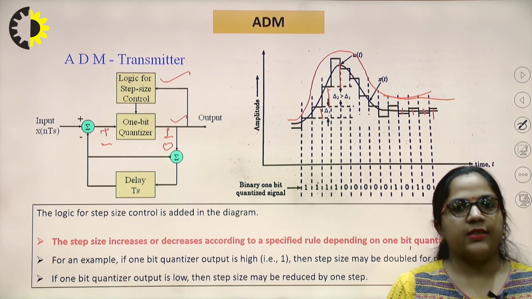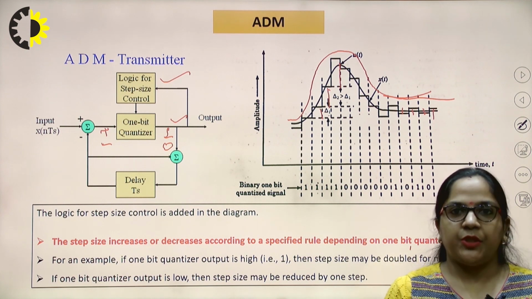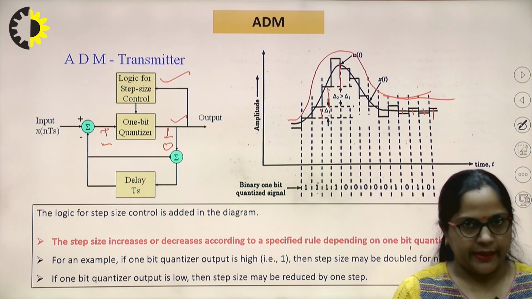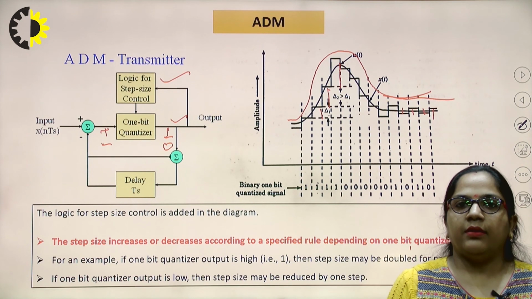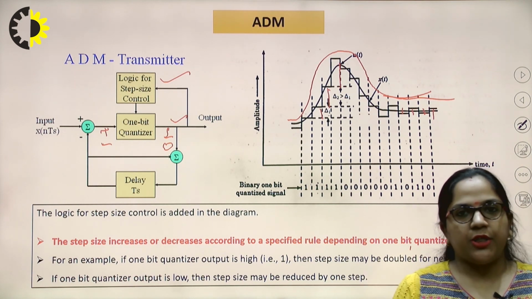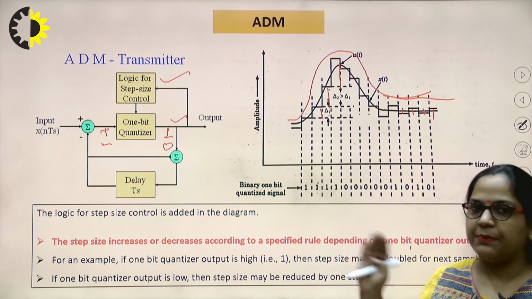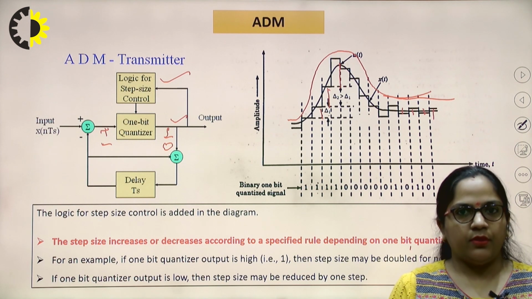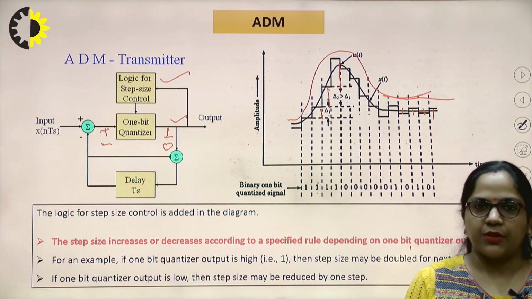Then we have discussed delta modulation, where we require the least transmission bandwidth in comparison to all the digital pulse modulation techniques. Then we have discussed the problems that can occur in the case of delta modulation because of the fixed step size. Then we have discussed adaptive delta modulation, where we can apply the logic of variable step size that will help us in reducing the noises that can occur in the case of delta modulation.